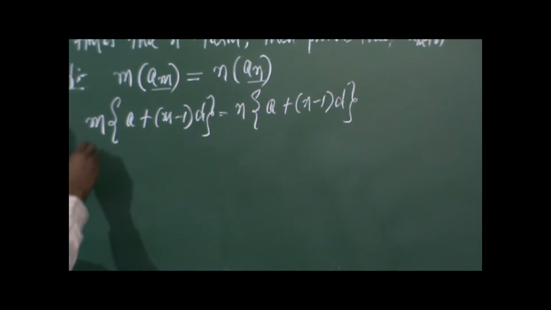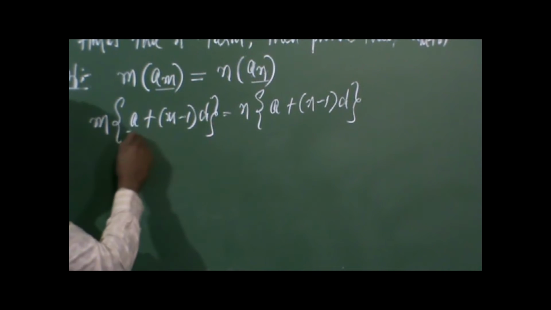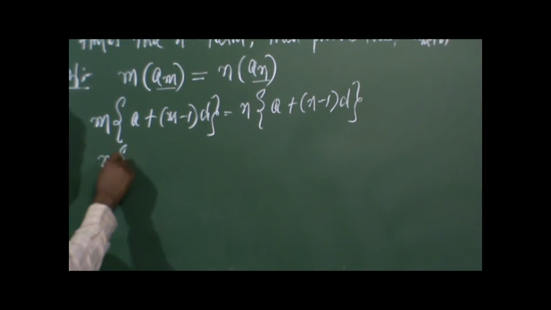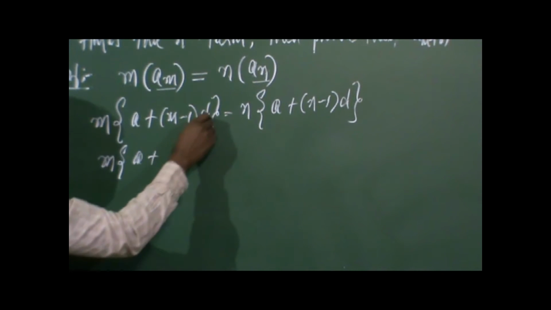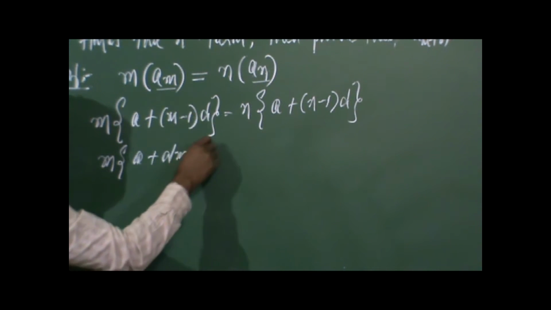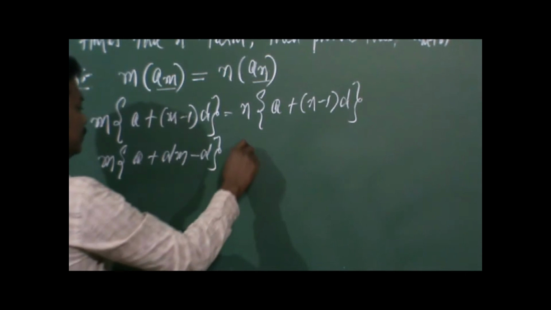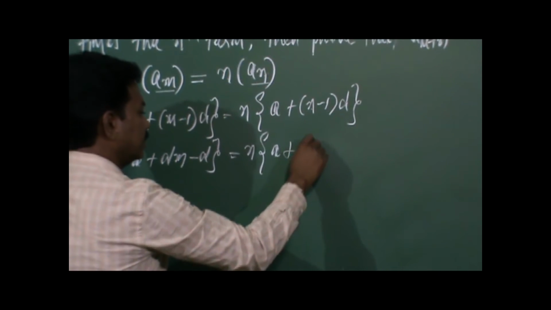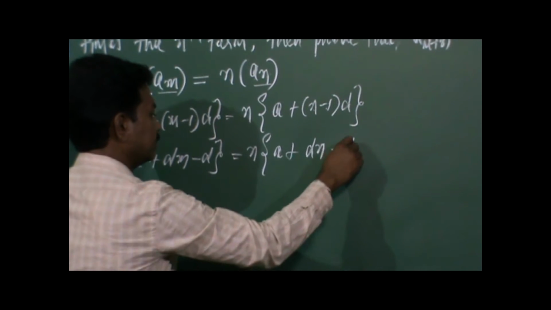Now multiply the terms which are inside the brackets. m into a, plus d into m is dm, minus d into minus 1 is minus d, is equal to n into a, plus d into n is dn, minus d into 1 is d.